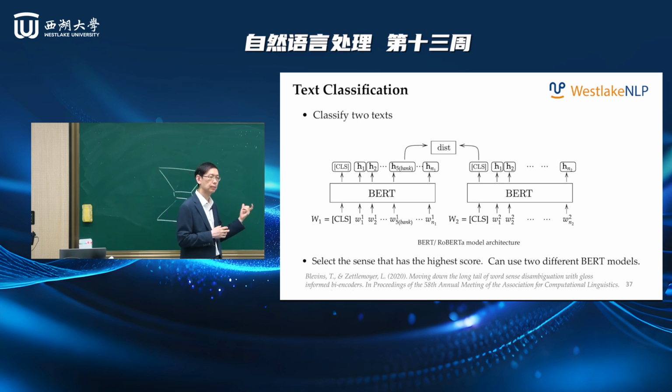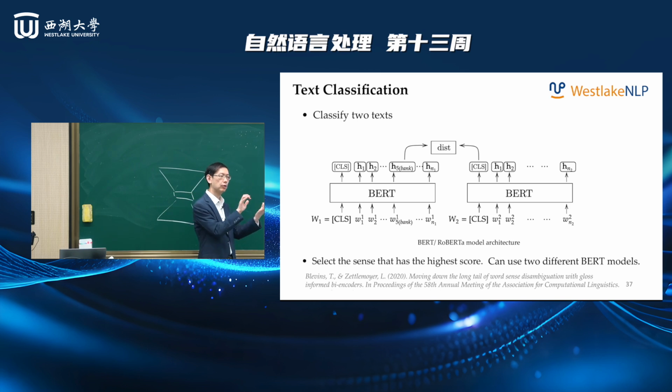So these 2 BERT models can be fine-tuned into 2 different sets of parameters. You use another BERT model to encode the WordNet sense. It's also a sentence. And you take the CLS token hidden. Now you have 2 vectors.